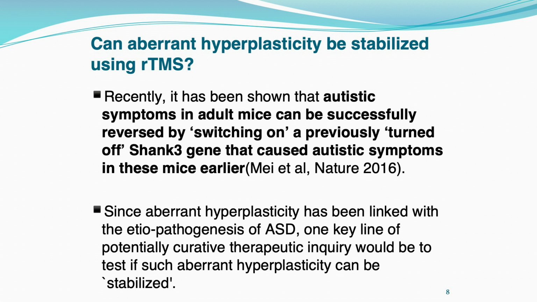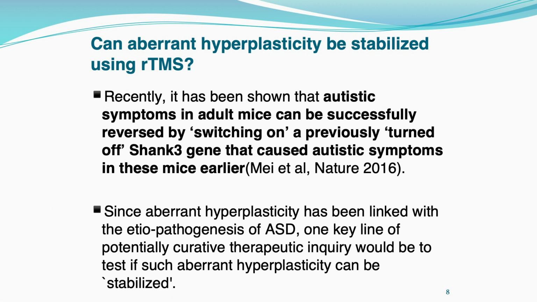Recently a very interesting paper has been published in Nature, which is a top journal in science. Here researchers turned off a particular gene, SHANK3, in a pool of mice, and the mice experienced typical autistic symptoms. They allowed the mice to grow into adulthood.